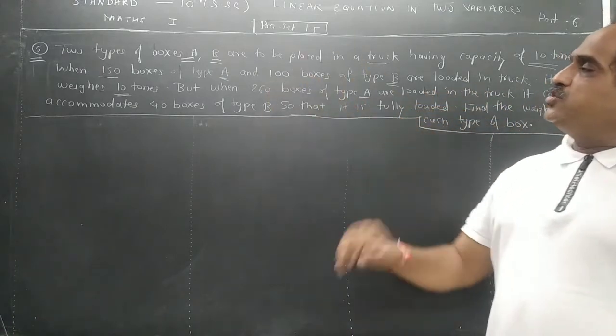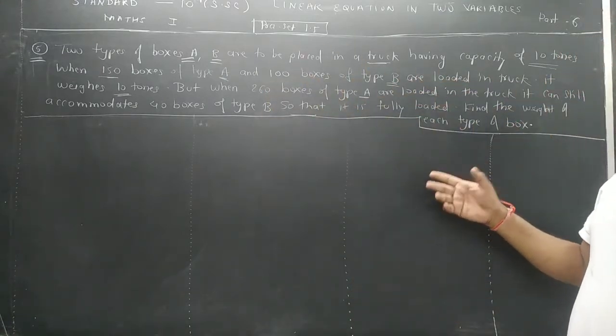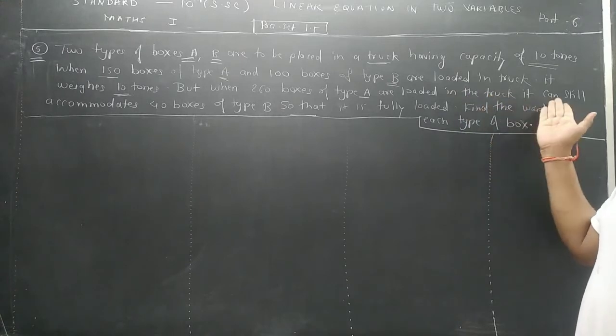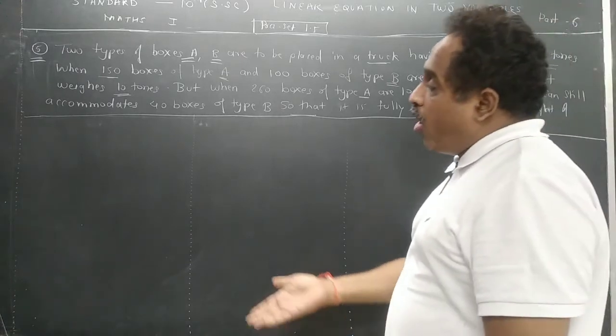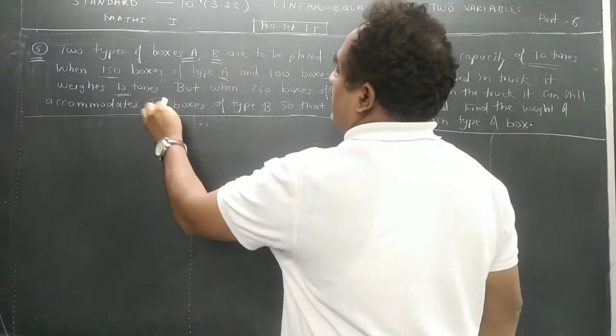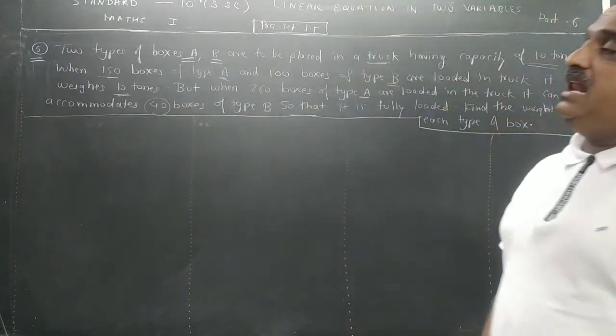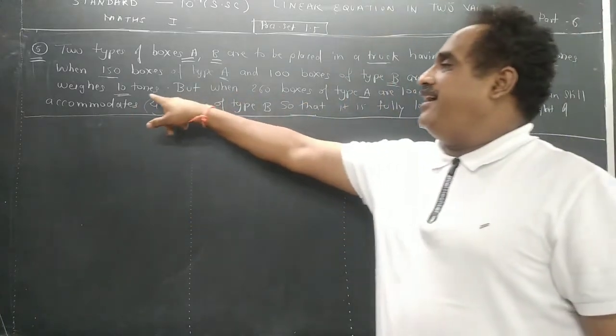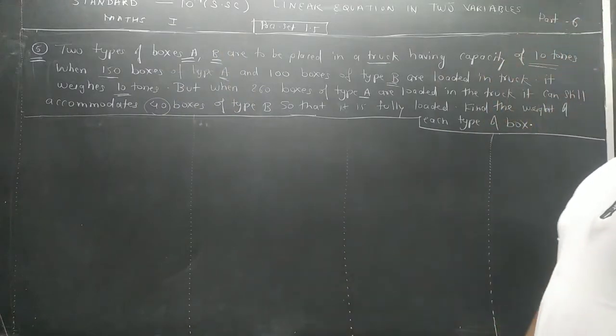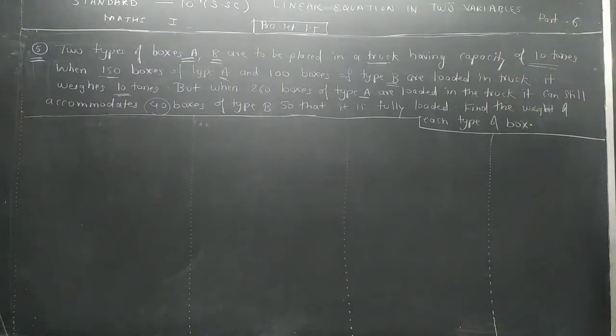It can still accumulate वो और कितने बॉक्सेस ले सकता है 40. अगर उसने 40 लिया तो उसकी कैपेसिटी कितनी की है 10 टन्स की है. So that is fully loaded. Find the weight of each type of box.